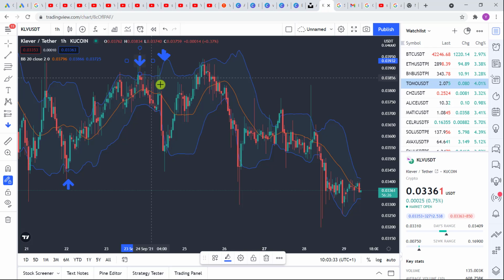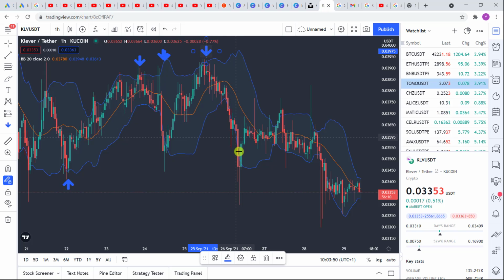The market was in an uptrend till from this particular point again, it came down a bit. From here, it came down a bit. And it started moving up to this particular point again.